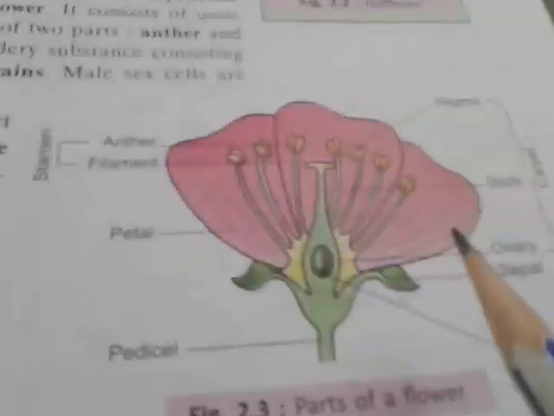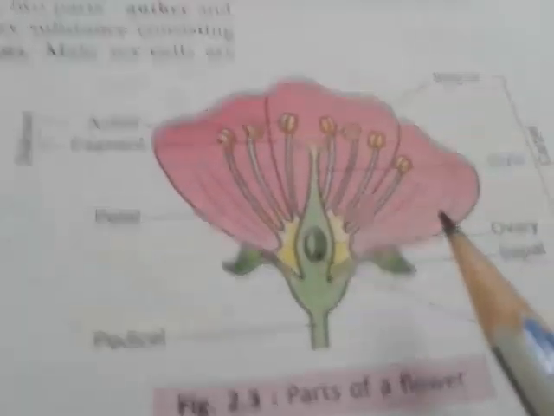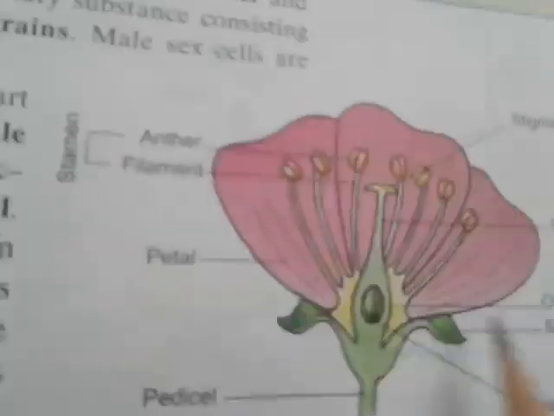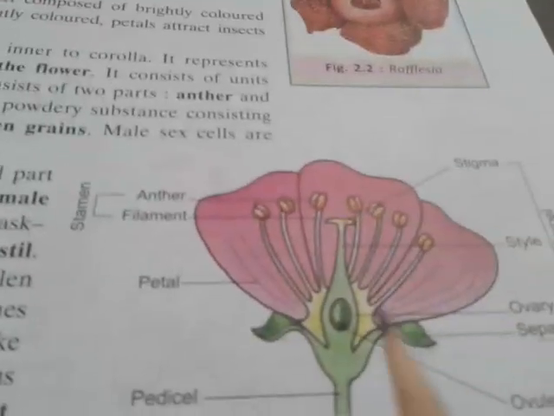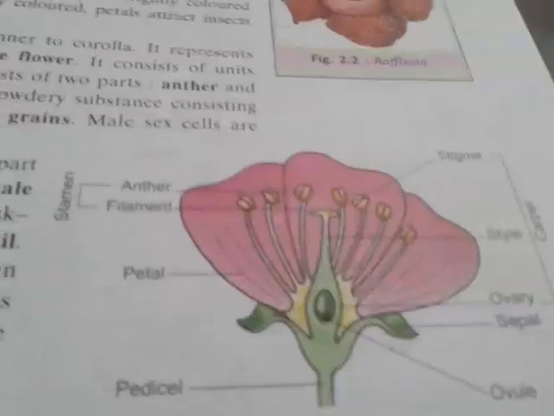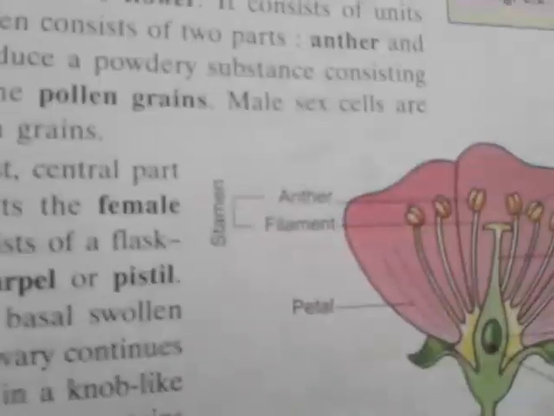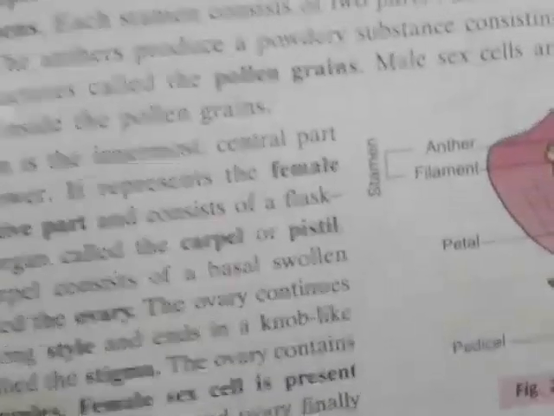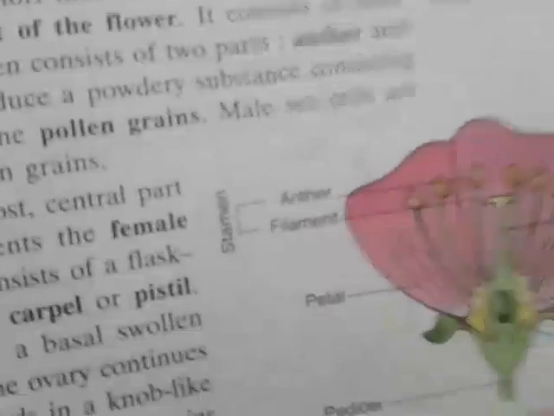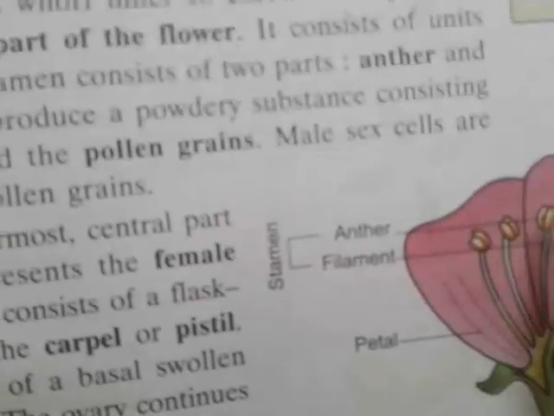Okay, now the third is your androecium part. What is androecium? Androecium is the third whorl, inner to the corolla. This is your androecium. Androecium is the male reproductive part of the flower, and it consists of two parts. One part is called anther, and the second part is called filament. See, this is the figure.